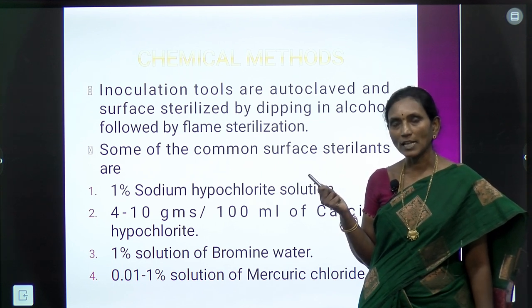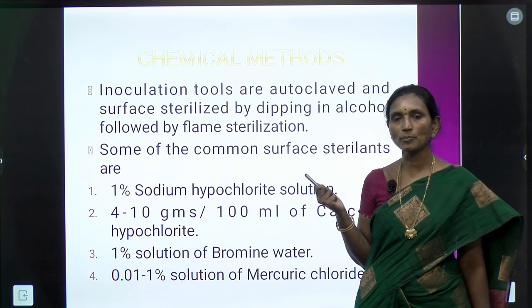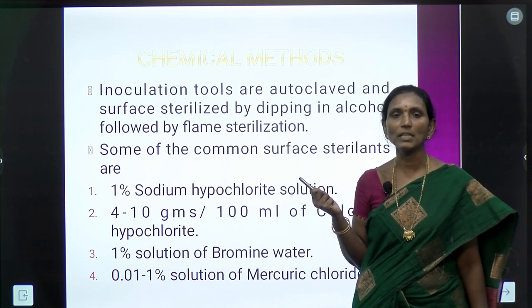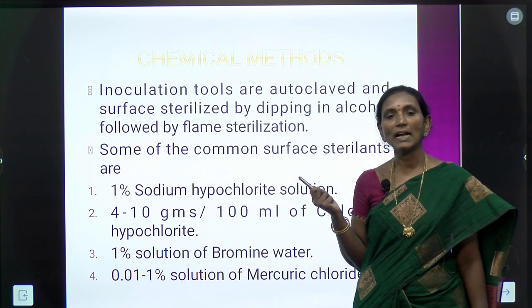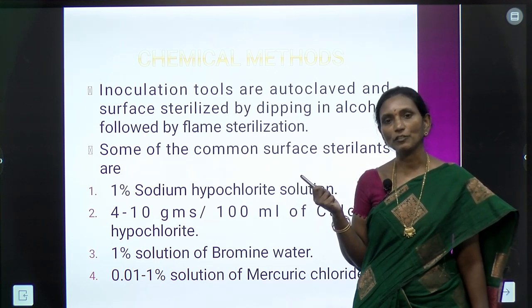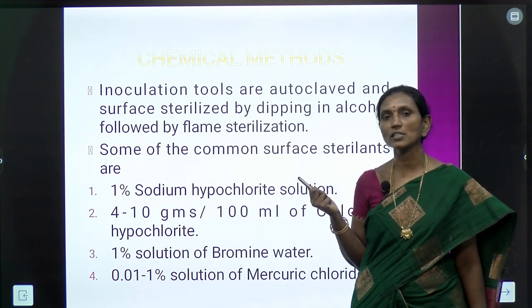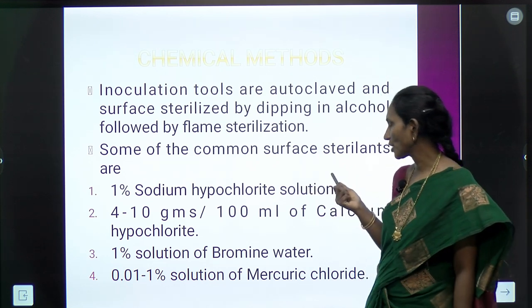Inoculation instruments like forceps, needles, spatulas are sterilized by dipping them in 70% alcohol, and then they must be flame sterilized also. Then they will be free from microbes. Then only we have to use those inoculating instruments in the plant tissue culture technique.